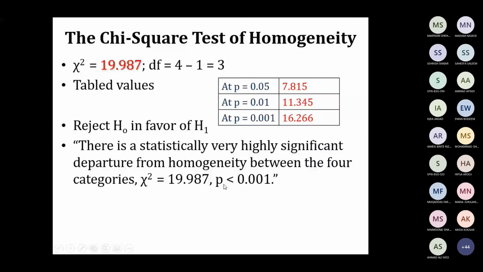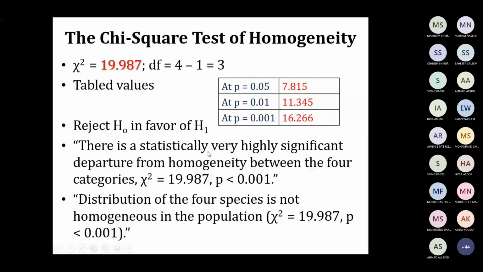But you can write in this way as well. You have already mentioned the p-value. Both are acceptable, both are correct. इनमें कोई mistake नहीं, ठीक है? Both of the statements are correct.